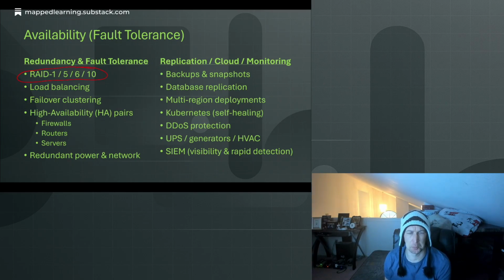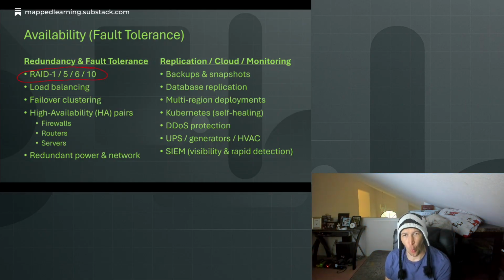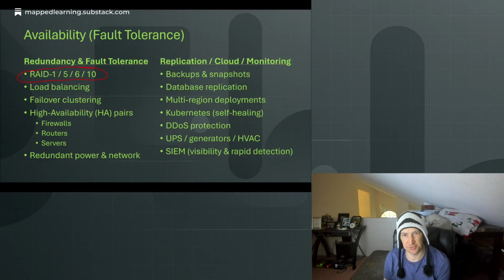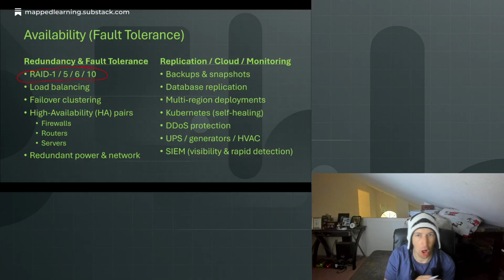And then we have what's called SIEM or SIME. People call it all sorts of things, but the acronym is SIEM, which is Security, Implementation, and Enterprise Monitoring. That's a mouthful. What that is, is visibility and rapid detection of any attackers. Companies that implement a SIEM are usually paying a cybersecurity company a lot of money to put these devices in place that monitor all of the networking and computer equipment that they own.